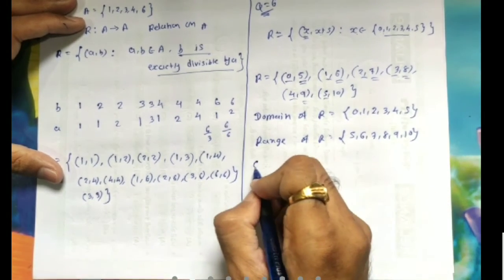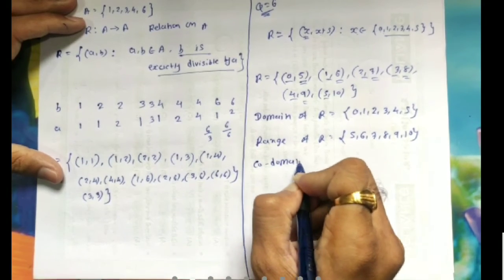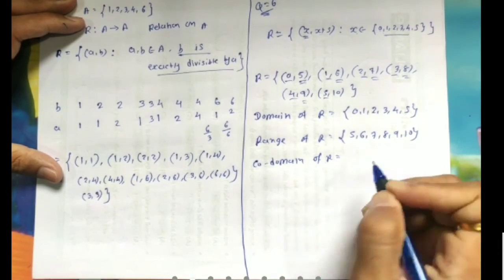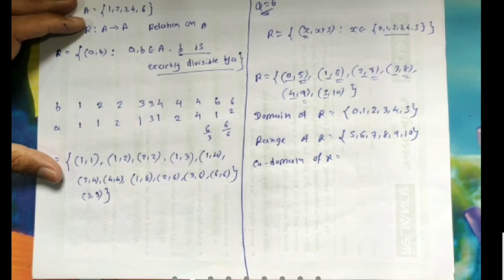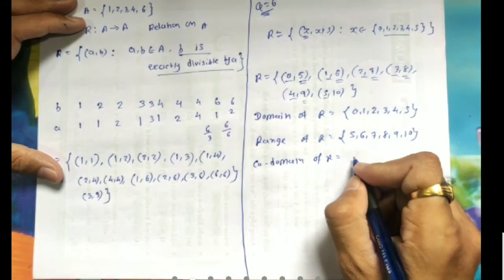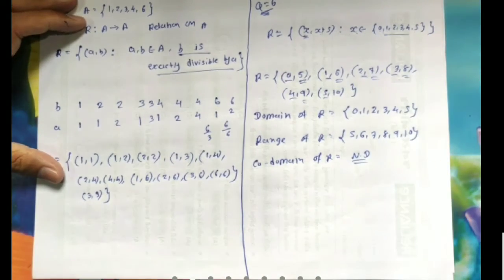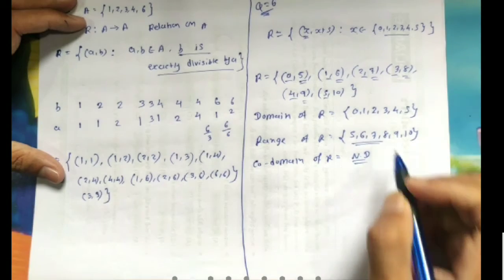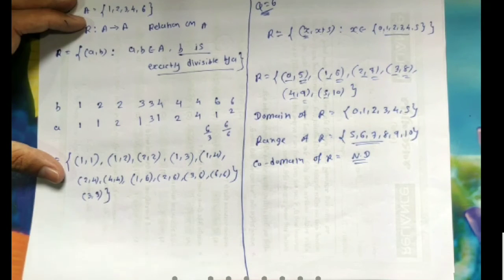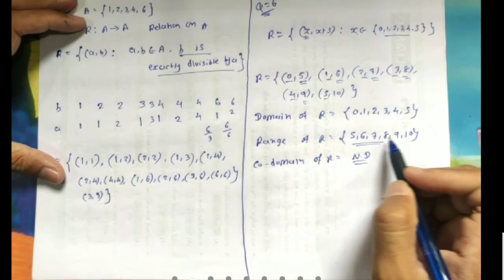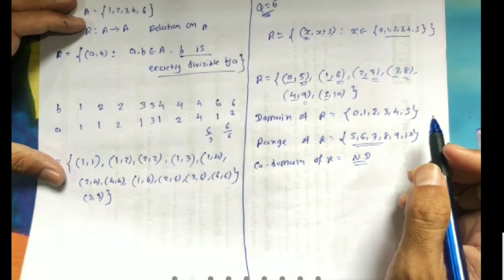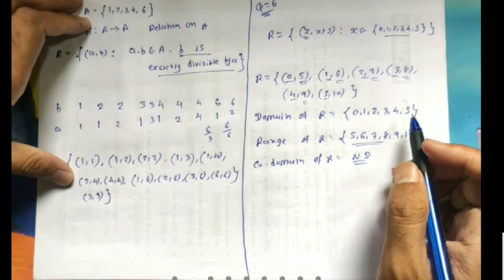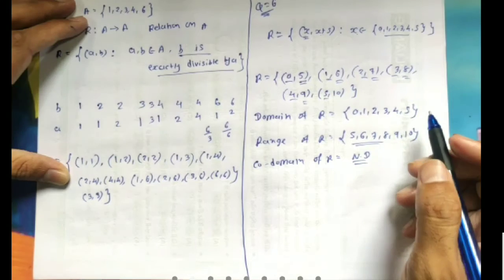Now tell me what is the codomain. Here relation R is not defined on any set, so we can't define our codomain. You can assume the codomain can be this range, but it is not given, and that's why it is not asked in the question. The question has no codomain. Clear?